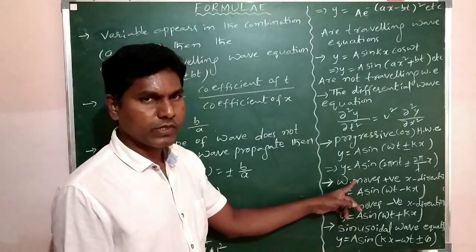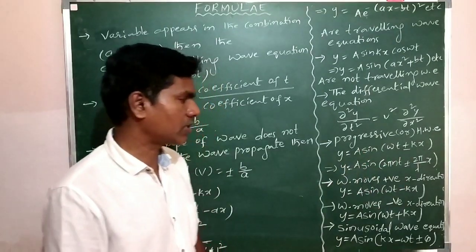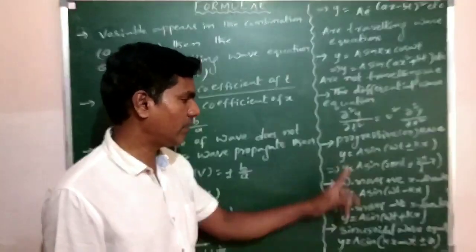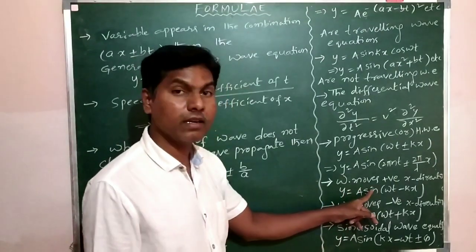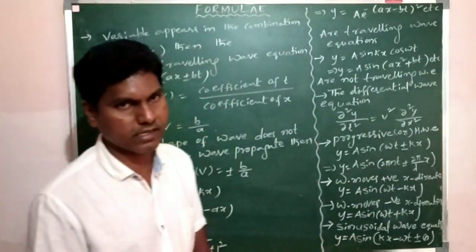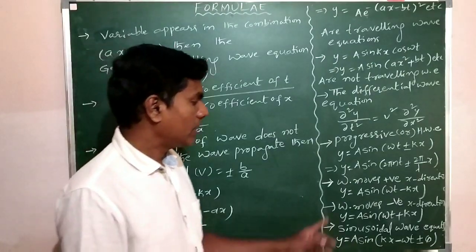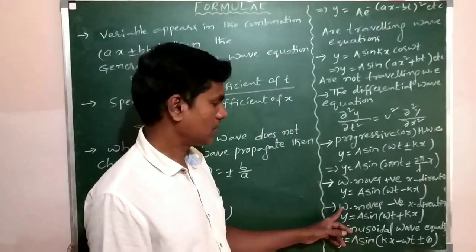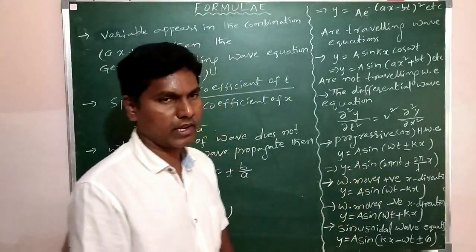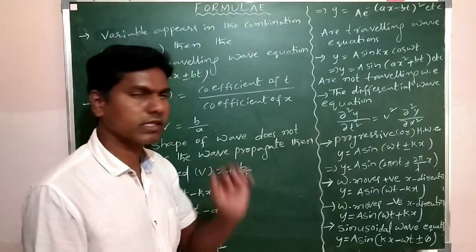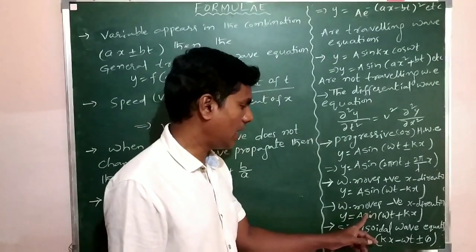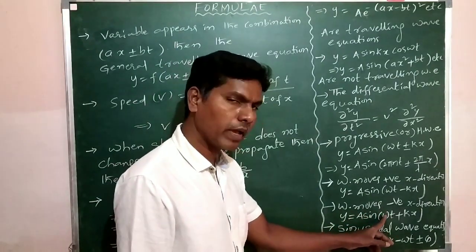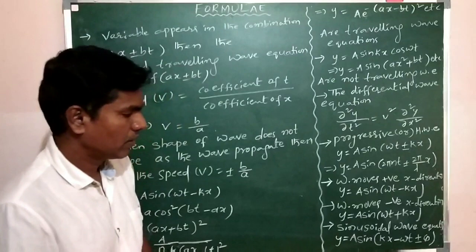When the wave moves in the positive x direction, the progressive wave equation is y = a sin(ωt − kx). When the wave moves in the negative x direction, it is y = a sin(ωt + kx).